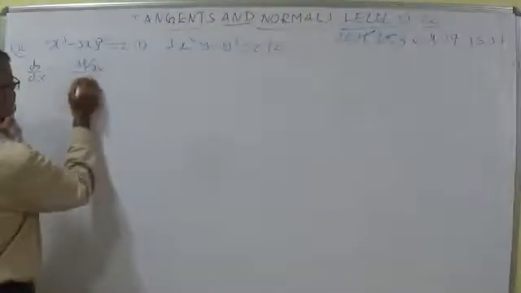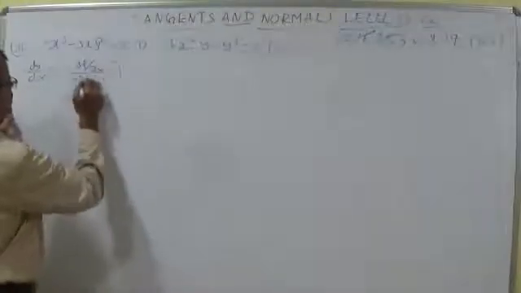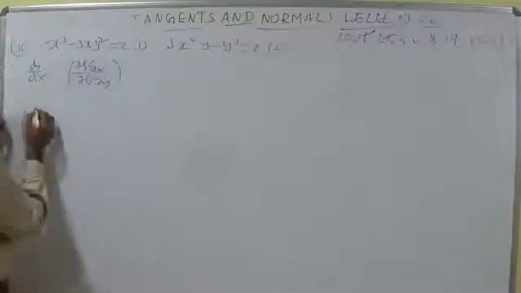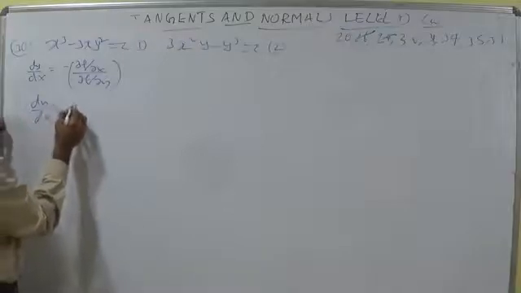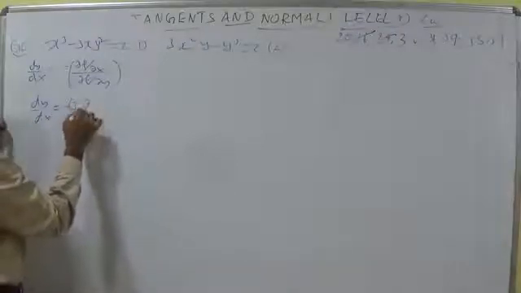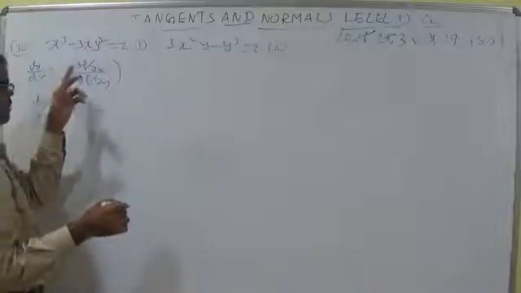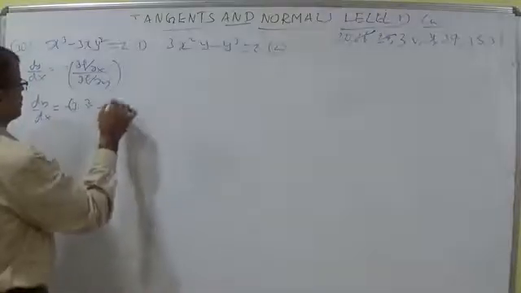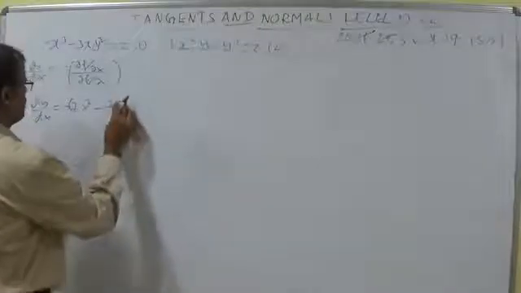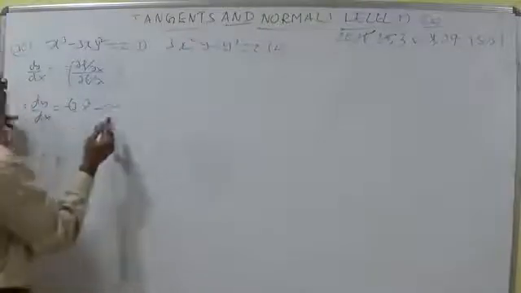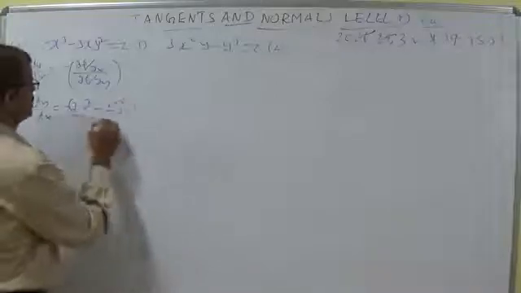So dy by dx is equal to minus dou f by dou x by dou f by dou y. Dou f by dou x is 3x square minus 3 into 1 into y square, that is 3x square minus 3y square.